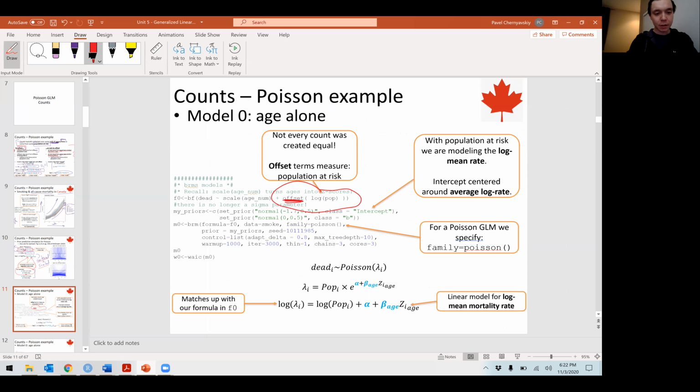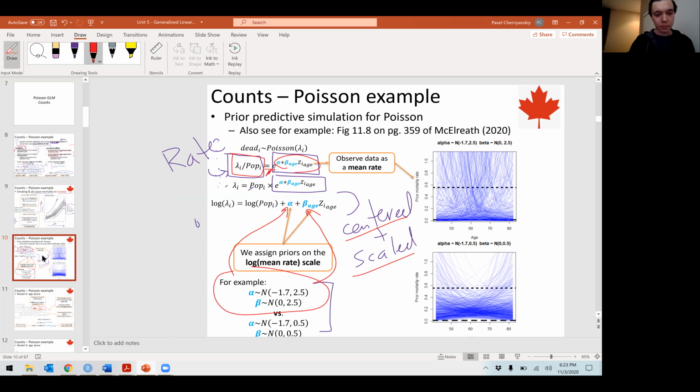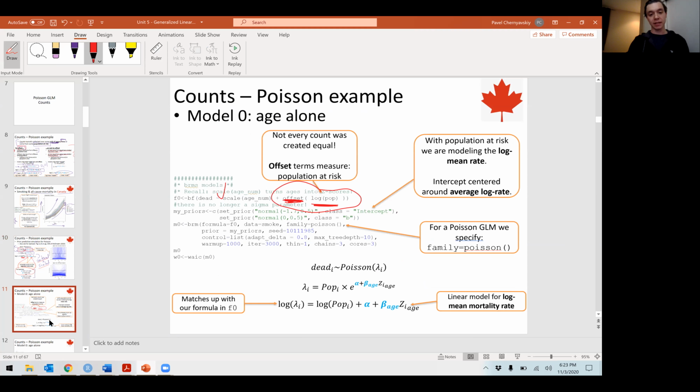We're going to estimate a coefficient for this term, but not for that term. We know the population. There's nothing to estimate there. And it's log population. All right, this matches up: log population plus a linear combination of other parameters. That's why we have the log population inside of our offset function there.